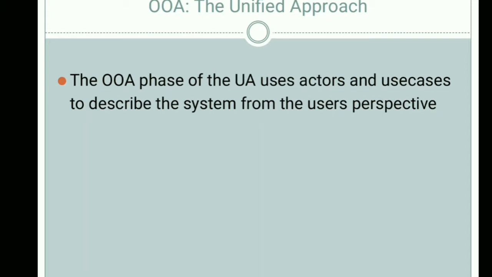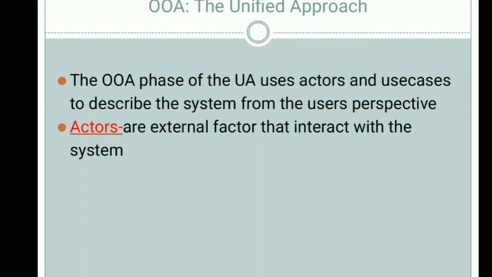These actors and use cases are used to describe the system from the user's perspective. So the UA process helps to identify the requirements of the system by considering the user's point of view.